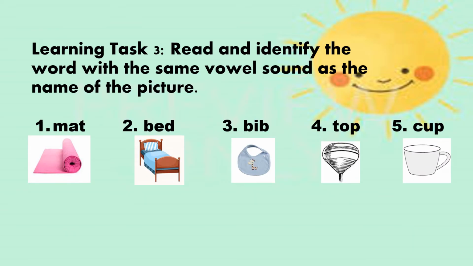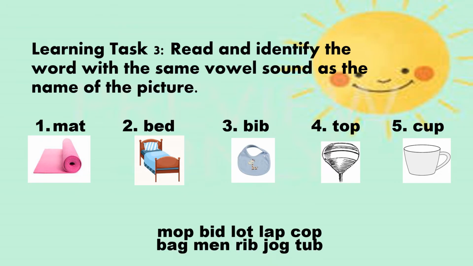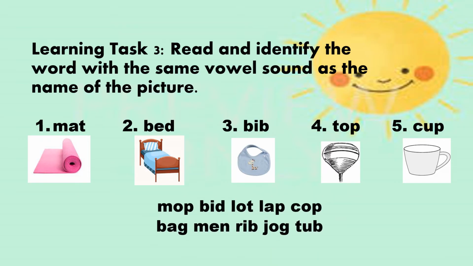Alright, it says in the instruction that you have to identify the word with the same vowel sound as the name of the picture. You're going to choose here. Alright, for mat, it's the same vowel sound as lap.